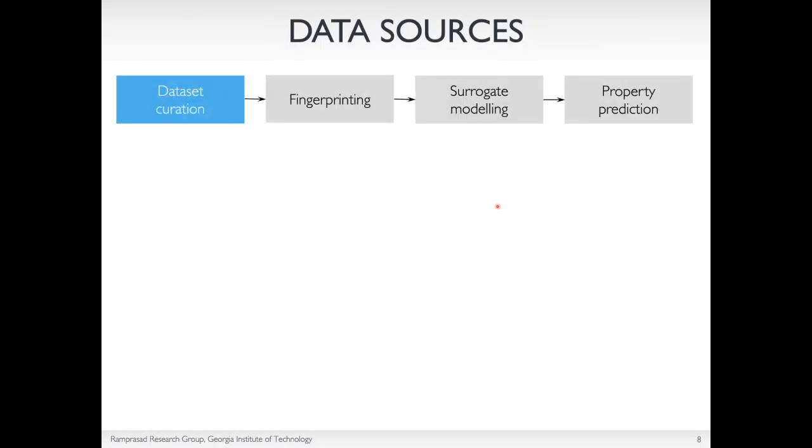First, data curation. One good source of data is calculations that you can do, right? So let's say you want to study the density of various metals. Maybe you can do DFT calculations to find out the equilibrium lattice parameters, and from that you can calculate the density, right?